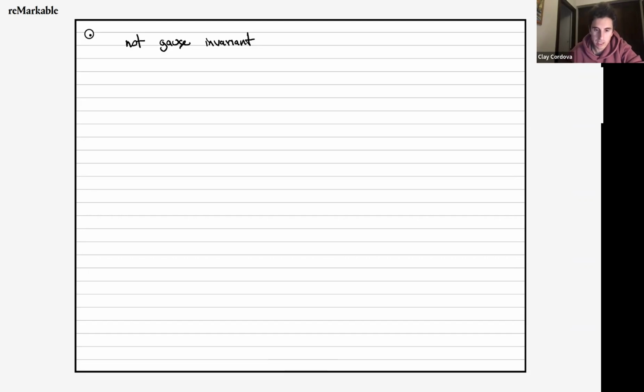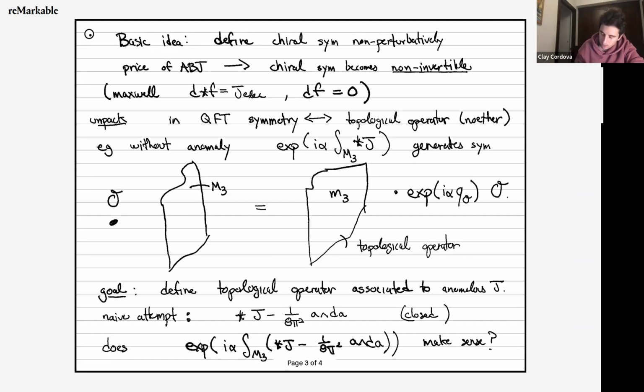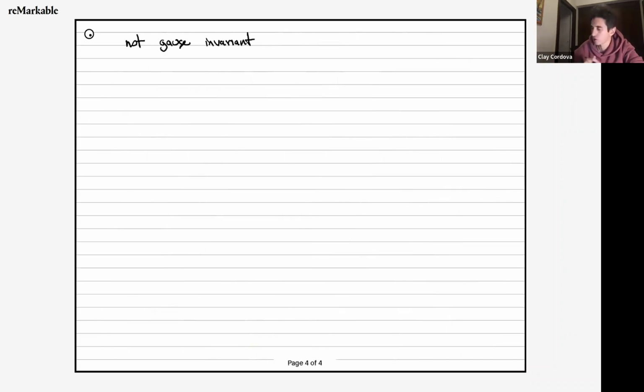If I go back to this slide, obviously J is gauge invariant, so this integral is fine. The problem is this one: we have i alpha over 8 pi squared A wedge dA. Now this is almost like a Chern-Simons term, since A wedge dA is the natural thing we think of as Chern-Simons, but we have a very unusual coefficient, alpha over 8 pi squared. We could try to interpret it in terms of a Chern-Simons level.